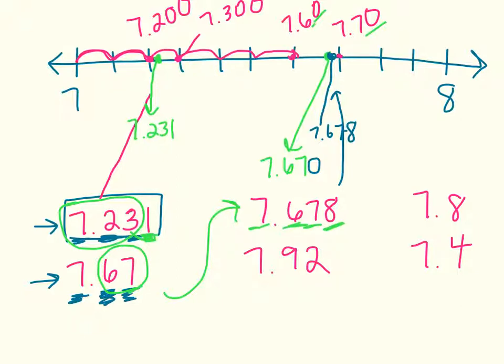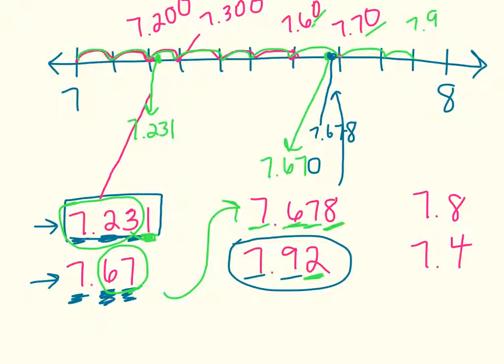All right, let's keep going. My next example starts at 7, and I'm going to go over 9/10. So 1, 2, 3, 4, 5, 6, 7, 8, 9. This is 7 and 9/10. And now I'm going to look at my hundredths place.